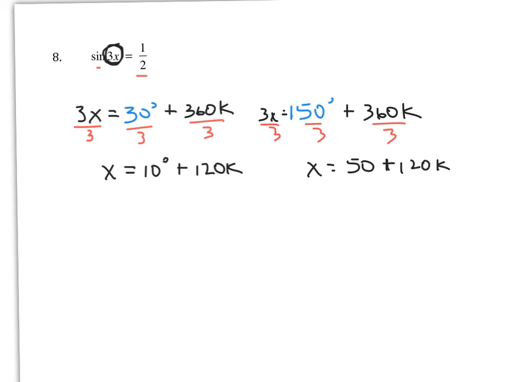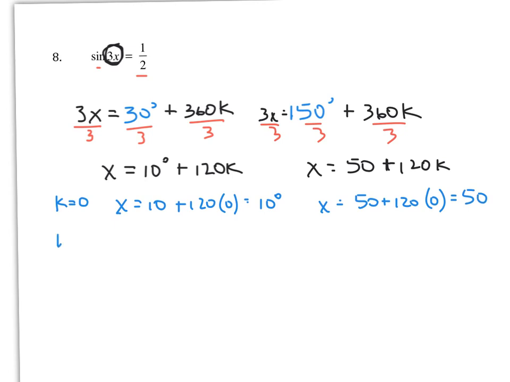Now I have to plug in values of k. I'll start with 0. Then x is equal to 10 plus 120 times 0, which is 10 degrees. X is equal to 50 plus 120 times 0, which is, sorry, not 150, 50 degrees.